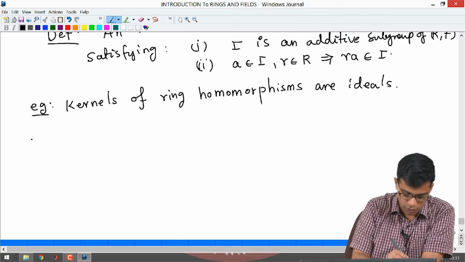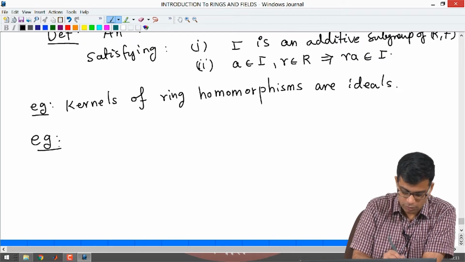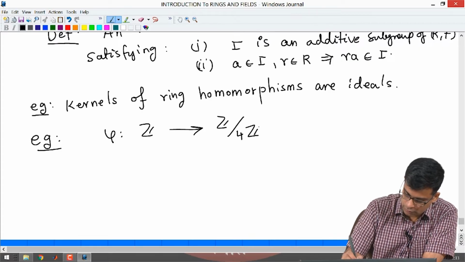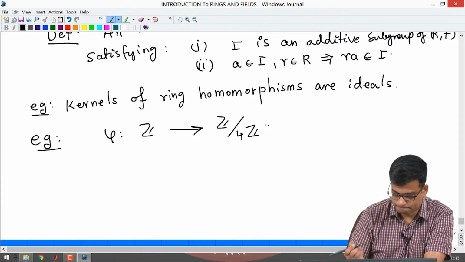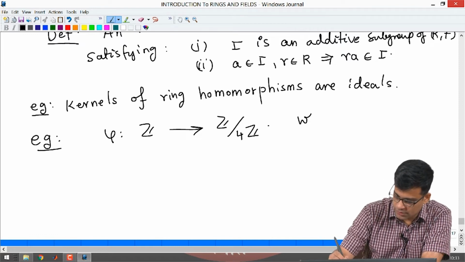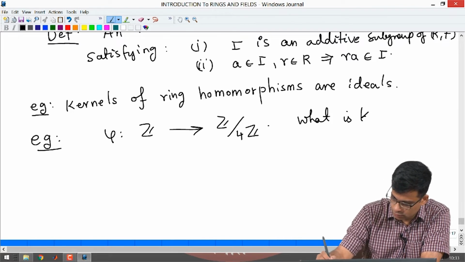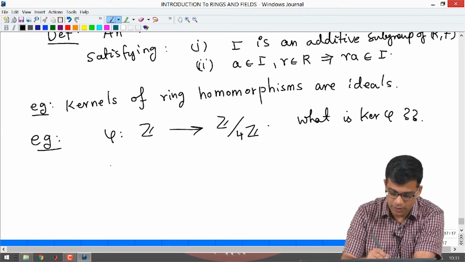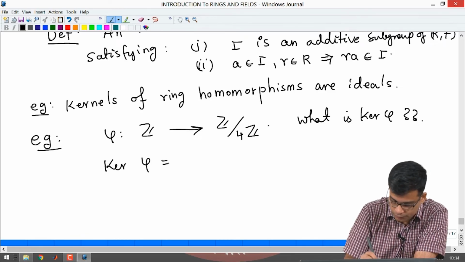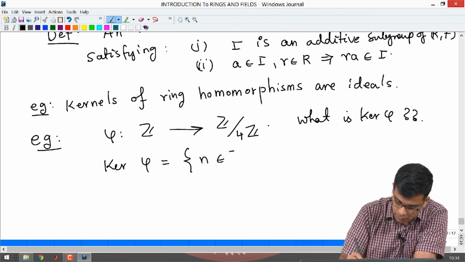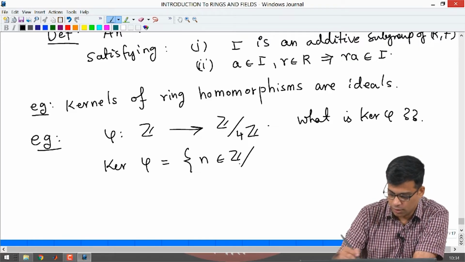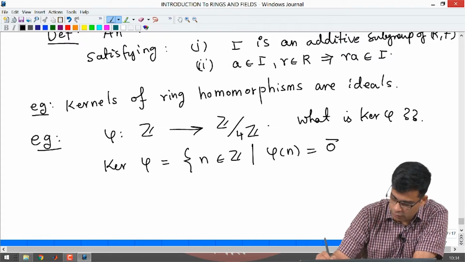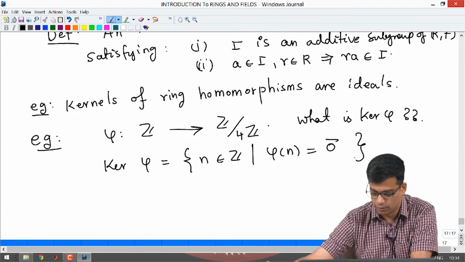Okay. So, the ring homomorphism that we looked at earlier, Z to Z mod 4 Z, what is the kernel of this? I claim the kernel is all integers n such that phi of n is the 0 element of Z mod 4 Z, which is 0 bar in our notation.